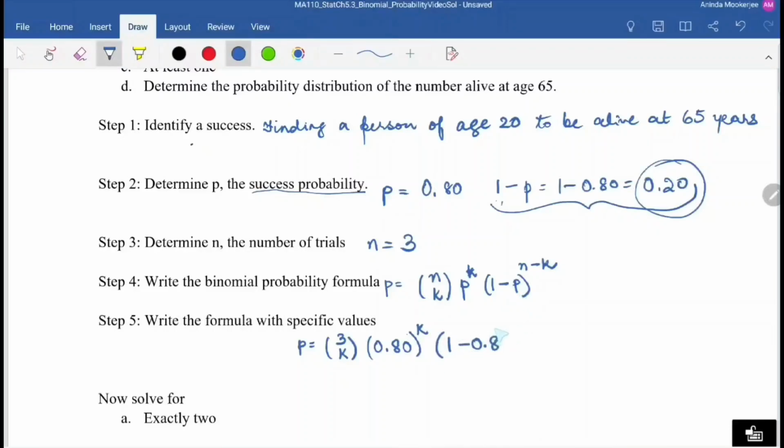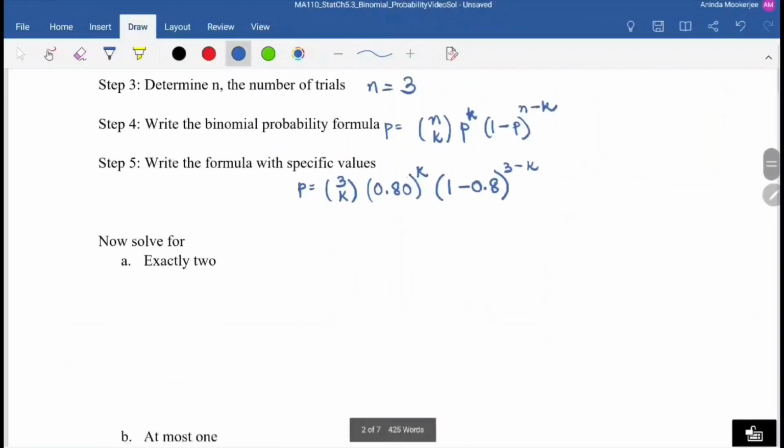So I plug in the values into the formula exactly, showing where I plugged in what, because if I just replace 1 minus P with 0.20, it might be confusing for some students. So N is 3 and then minus whatever K is. This is the formula we are going to use. We've partially plugged in some of the values.